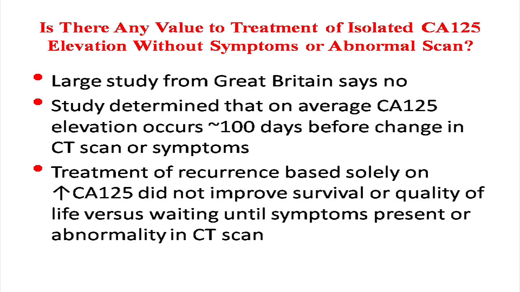And what was interesting in that study is that the patients that were treated on the basis of a rise in the CA125 did not have any longer survival than the patients who had delay of that treatment until there was either some symptom of recurrent ovarian cancer or a finding of a new mass on a CT scan.